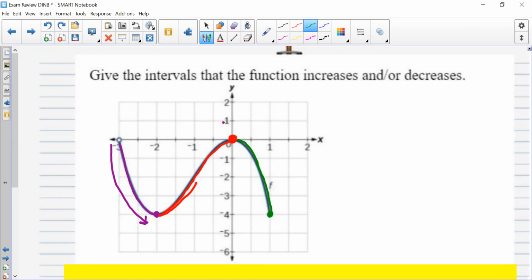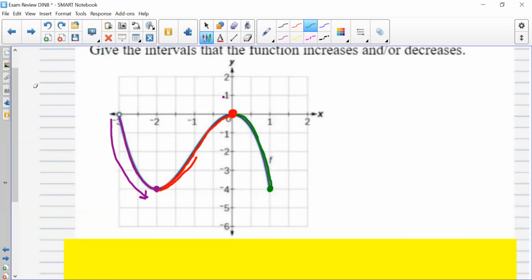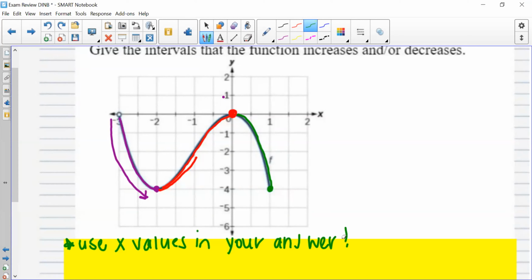So I can see that this one increases and this one decreases. When you answer increasing and decreasing, you use X values in your answer. This is where some of you got confused when we learned increasing and decreasing this year. You only worry about the X values in your answer.